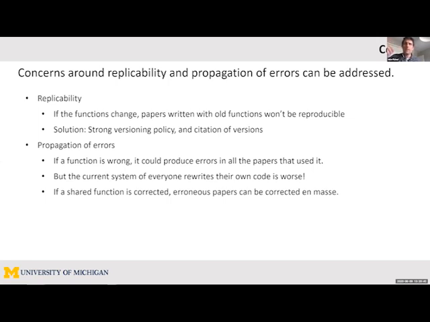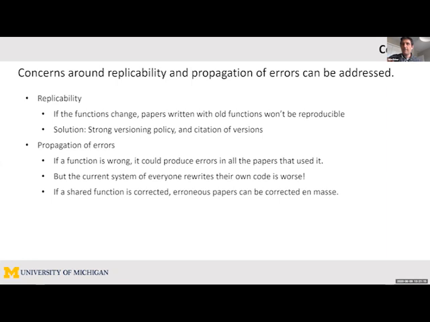The second type of concern is the propagation of errors. If a function actually produces an error and people use it uncritically, they could continue to produce the same errors in subsequent papers. I would actually argue that that's an argument in favor of using a common set of functions, because frankly, right now we're already probably producing errors. It's just that they're more distributed. Some people are making the errors and some people aren't, and we have no idea.